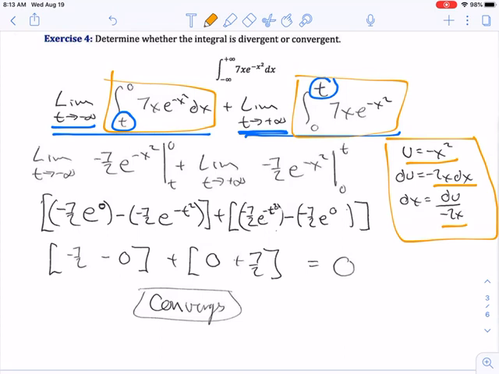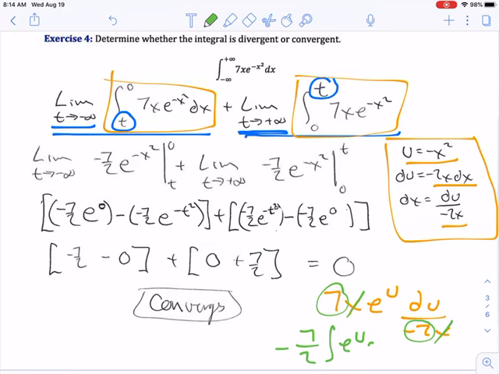So what we have here, which I didn't write because you should be able to do this by now, we have 7x e to the u times du over negative 2x. Well, that x cancels with that x. This 7 and negative 2 come out here, negative 7 halves times the integral of e to the u du. And so the integral of e to the u du is e to the u.